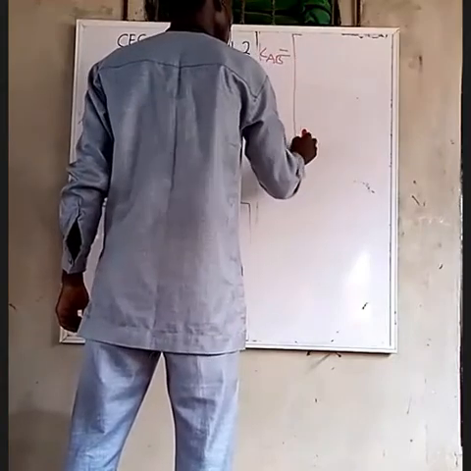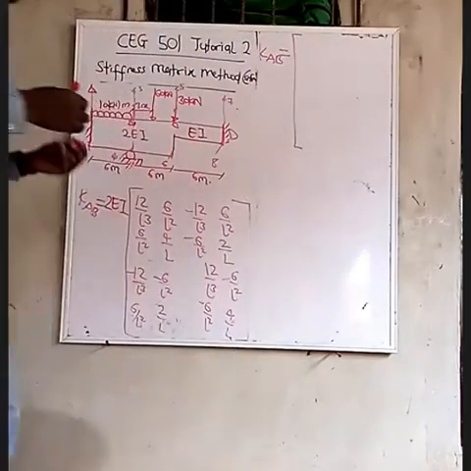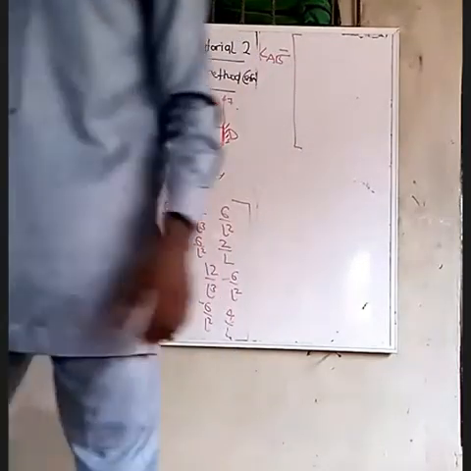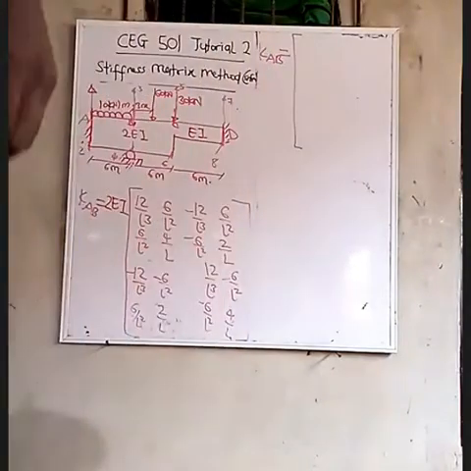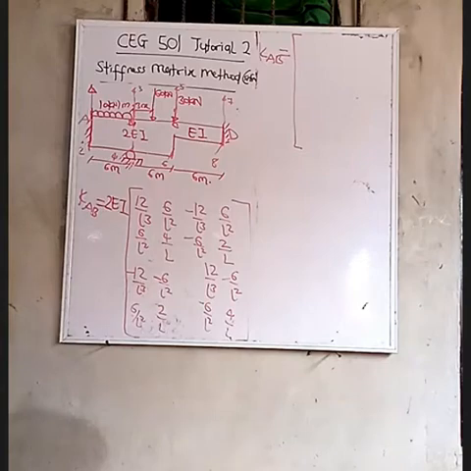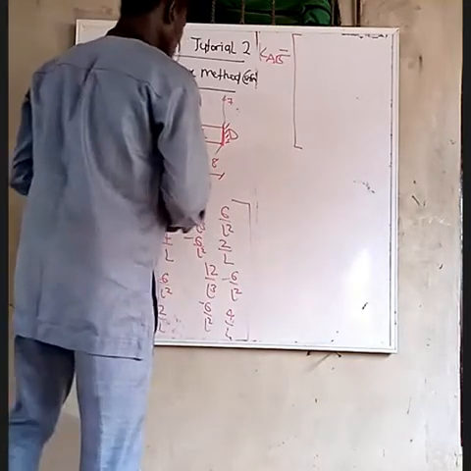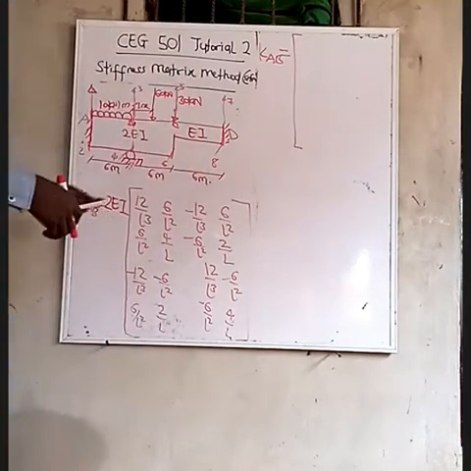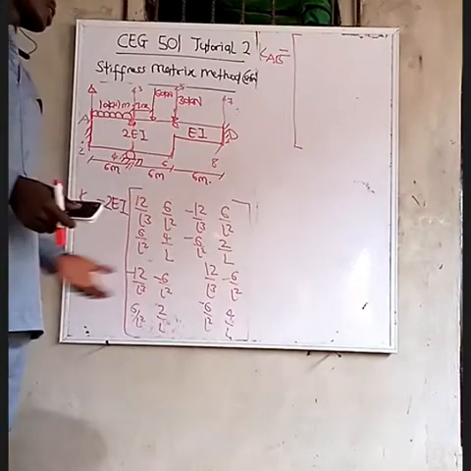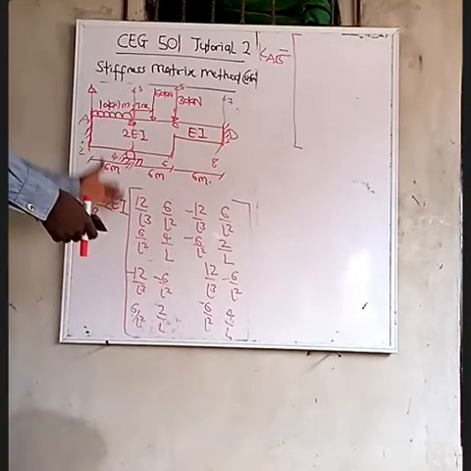For KAB now, apply the values. I'm just going to be pressing the calculator. So 12 over L cubed.